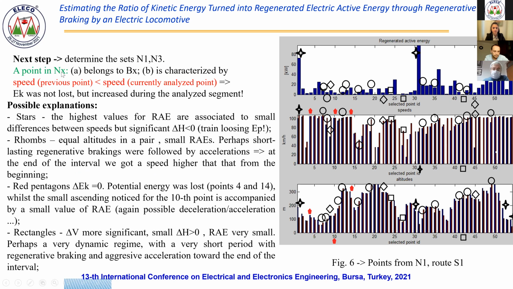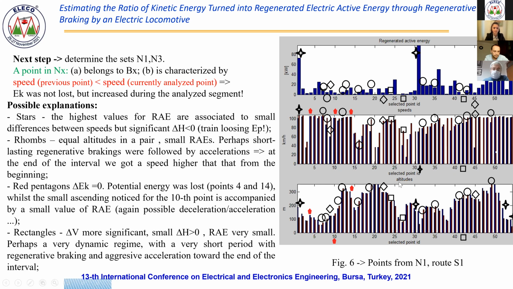The next step after this was to determine another 2 sets, N1 and N3. A point in such a set is in the previously mentioned sets and is characterized by a speed that is not decreasing but increasing. So it means the kinetic energy looks like being lost, not lost, but increased during the analyzed segment.